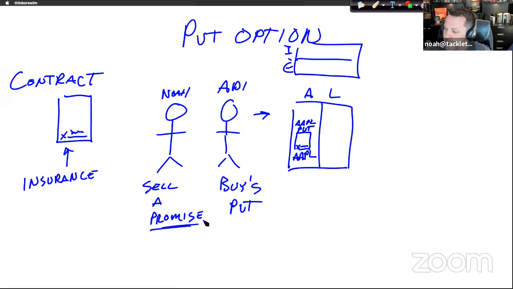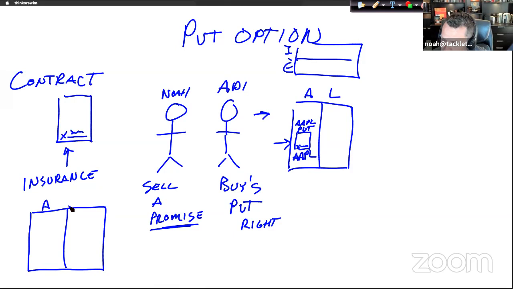And so he can buy that put, which gives him a right when he owns that contract. And that contract is an asset to him. And if I sell him that put, well, over here is my balance sheet. And over here, if I've got my balance sheet and these are my assets and these are my liabilities, that contract that I sell him, he's going to pay me for it.